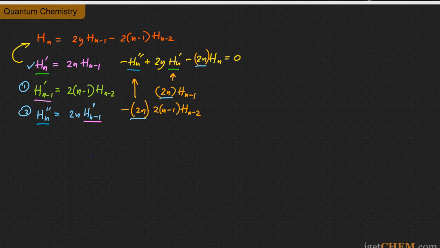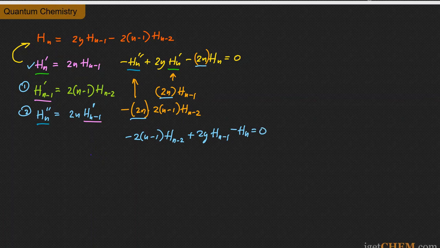And so when you do that, then you see that what is left is basically minus 2 times (n-1) multiplied by H_{n-2} plus this 2y multiplied by H_{n-1} minus H_n is equal to 0.